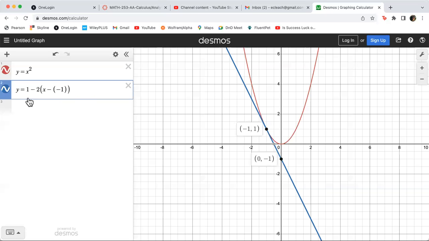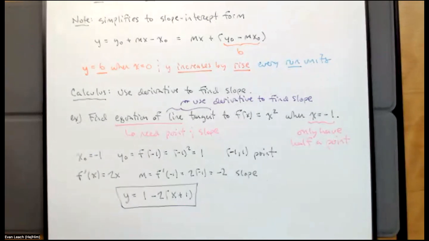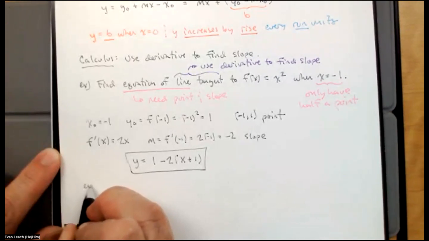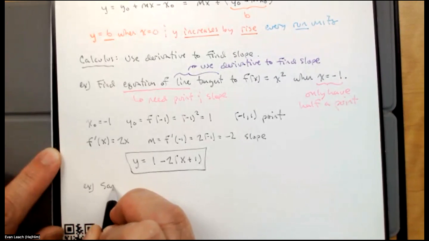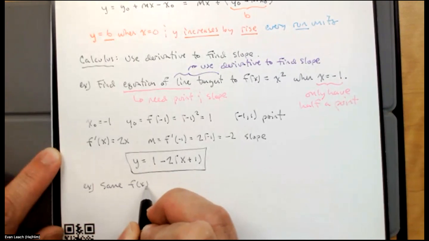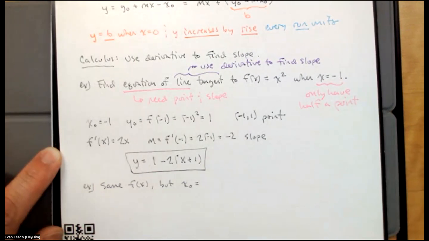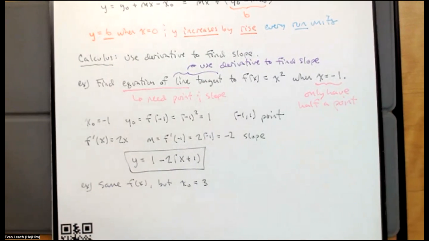If we wanted to do this at some other point, we have the same function, f of x equals x squared, but x naught is equal to 3.